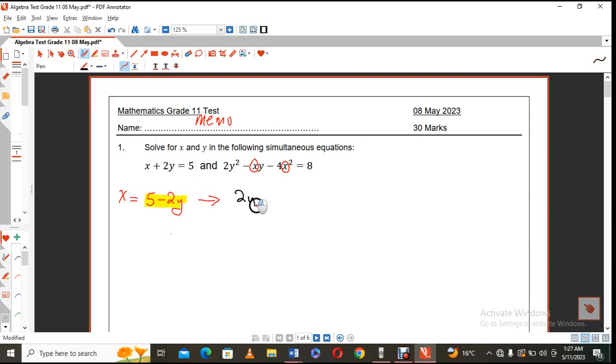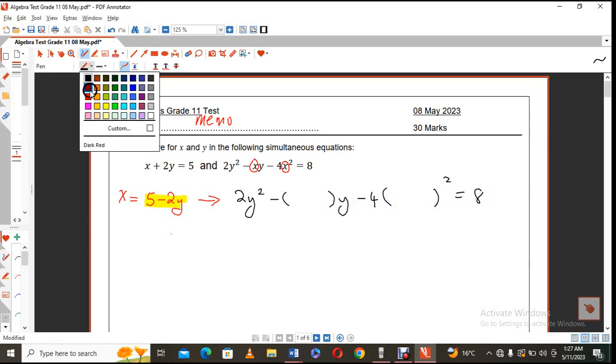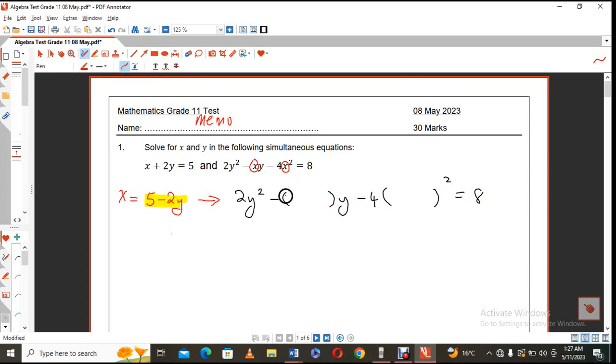So it's 2y squared minus x, which I'm going to replace, minus 4, equal to 8. Now again, as I said, I'm going to replace this value of x by 5 minus 2y. All right, so there's a bit of algebra, and make sure that you do not make mistakes with the sign.